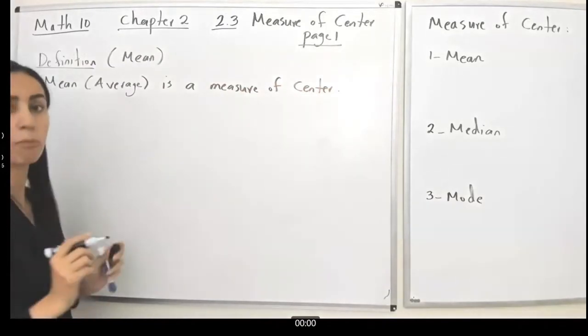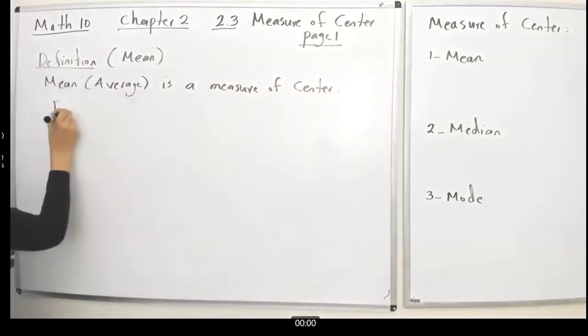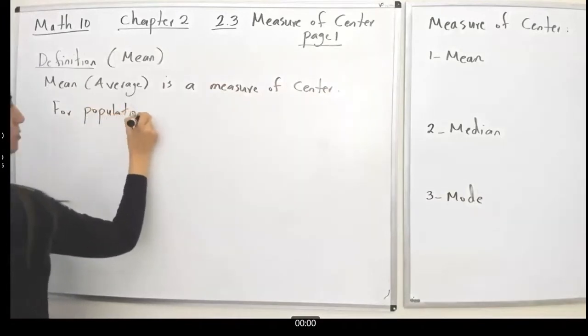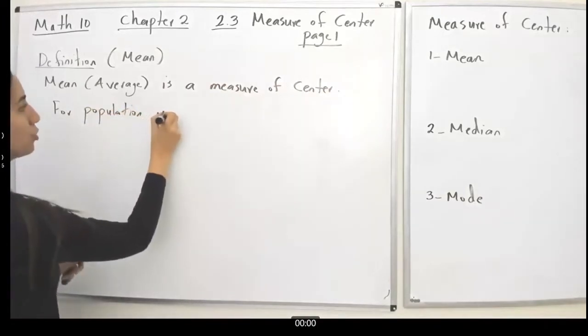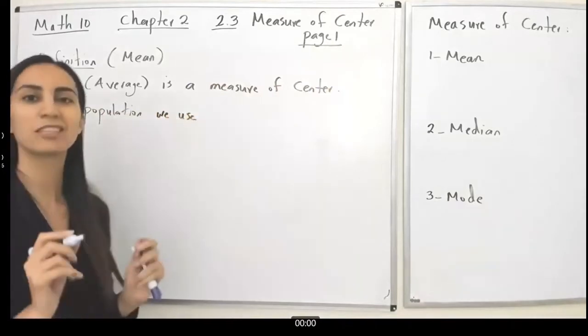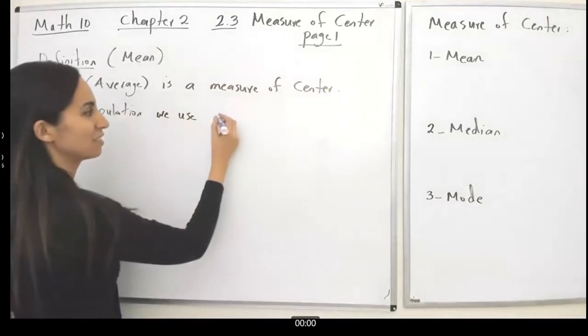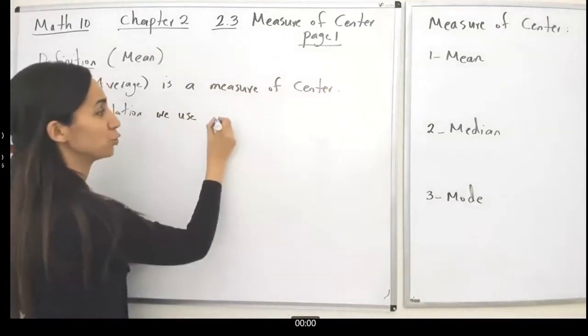For population, we use the Greek letter mu, like a cat, mu.